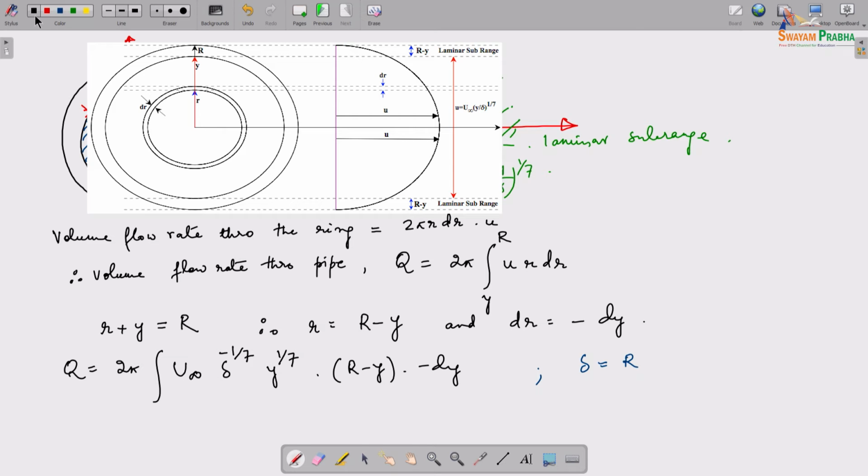So then Q is equal to 2 pi u infinity R to the power minus 1 by 7 integral of R minus y, y to the power 1 by 7 dy, and we put a negative sign. Let us go to the next page and write that out. We are just doing the math here now.